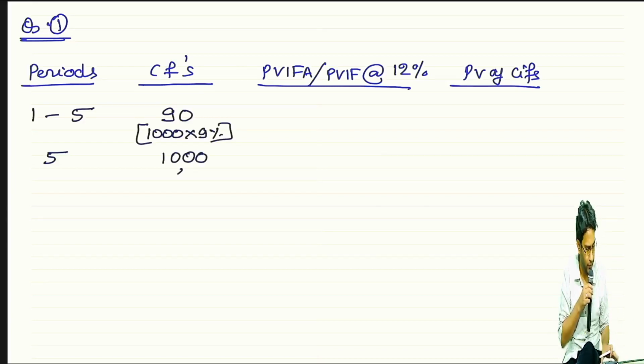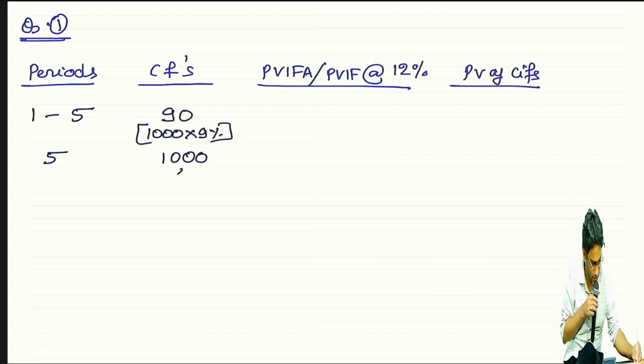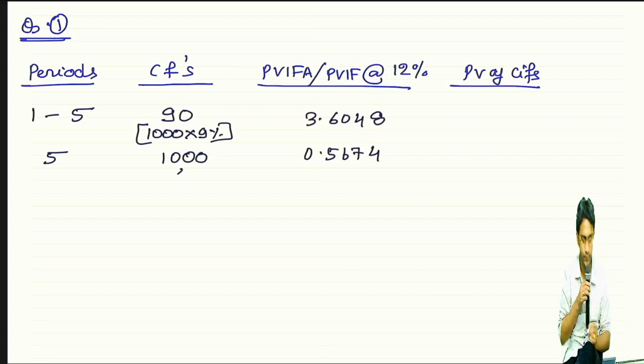Now get PVIFA 12%, sir. 1 divided by 1.12. 1, 2, 3, 4, 5. After getting the fifth year, first write the PVIF factor. 0.5674. Then press your GT. 3.6048.